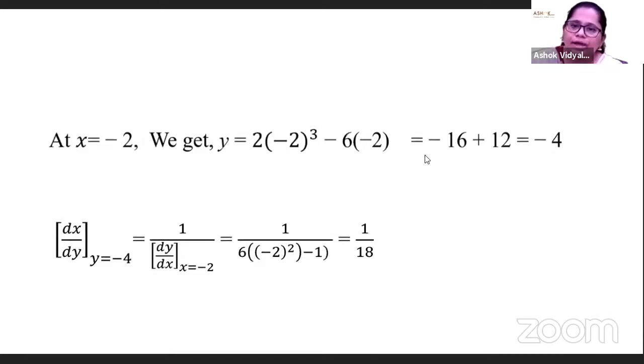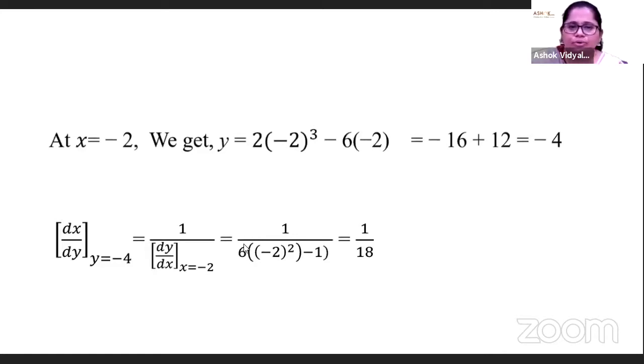The value of y is minus 4, and at y is equal to minus 4 we calculate dx by dy. Hence dx by dy at y is equal to minus 4 is 1 upon dy by dx at x is equal to minus 2.